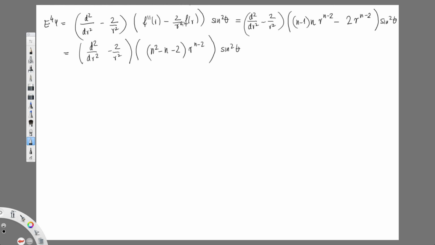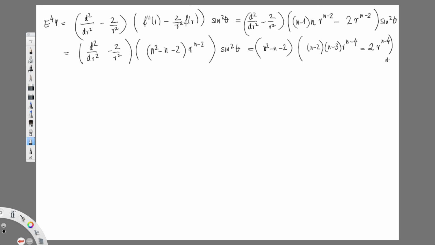Okay, so then I just apply those derivatives, or that operator, again. This is just a constant, whatever it is, so it's n squared minus n minus 2. And then times the second derivative of r to the n minus 2, which is n minus 2 times n minus 3 r to the n minus 4, and then minus 2 r to the n minus 4.